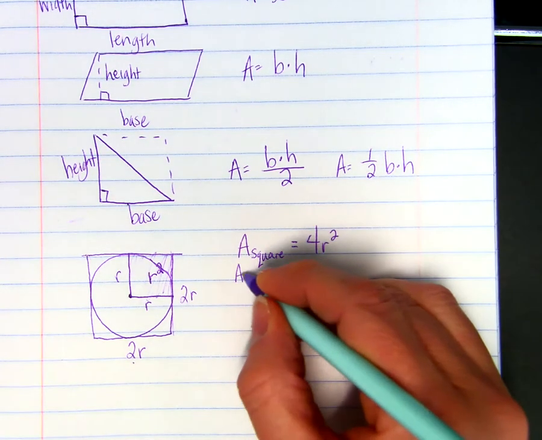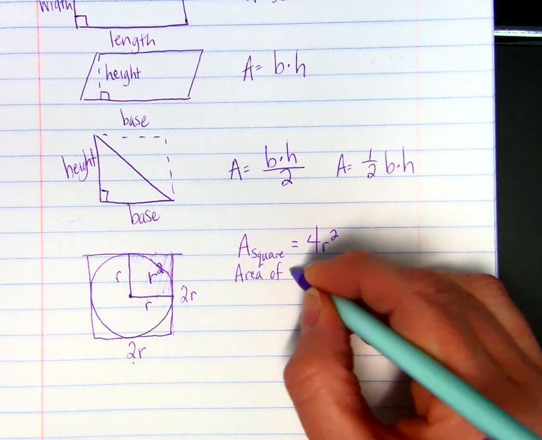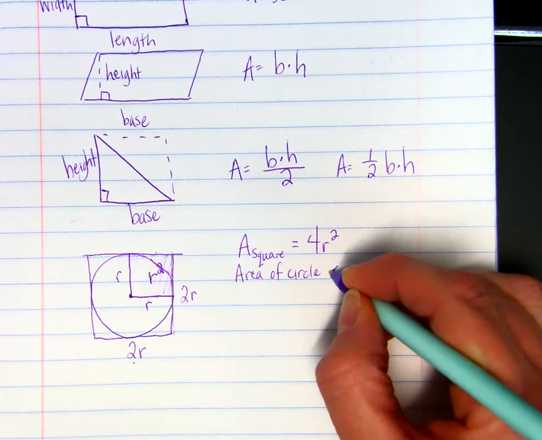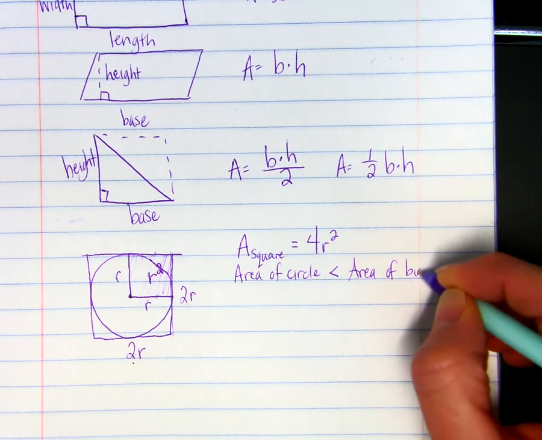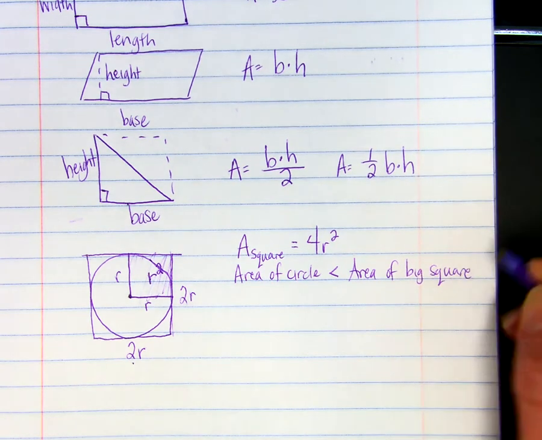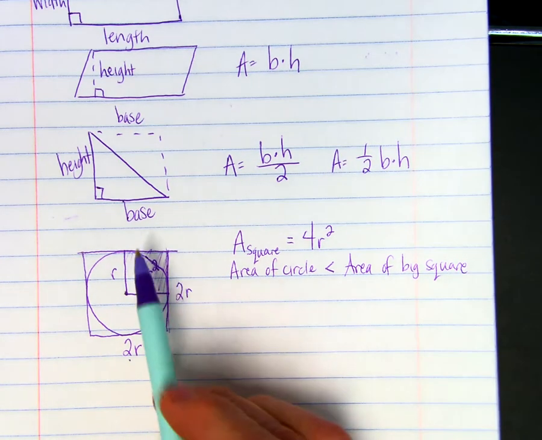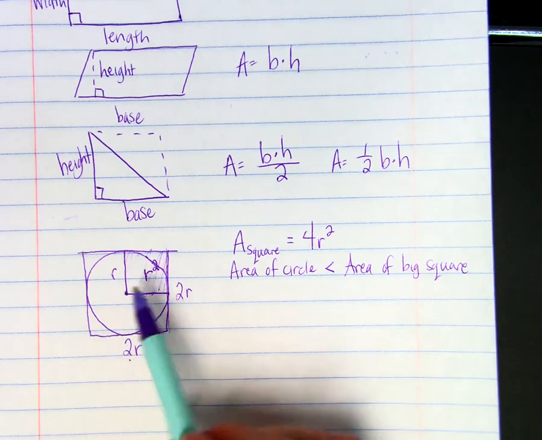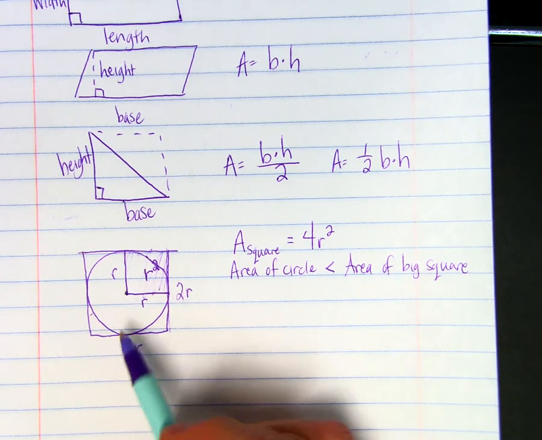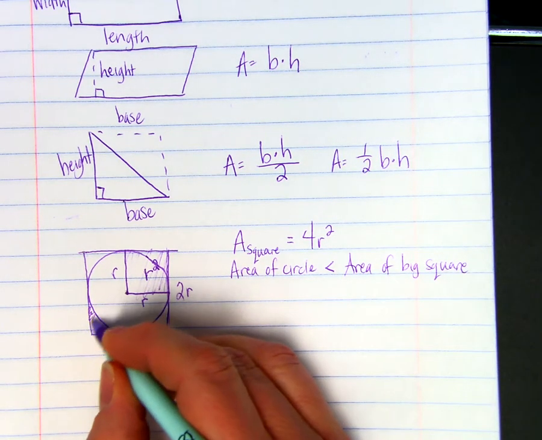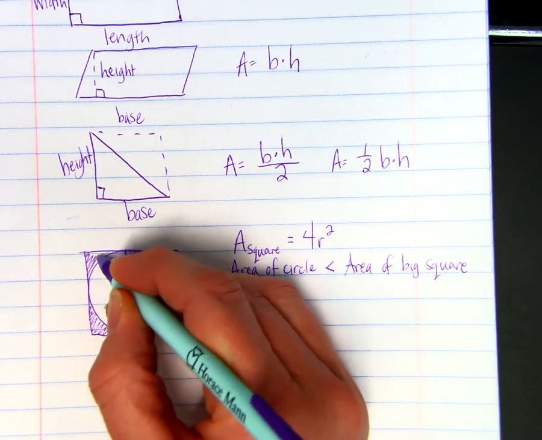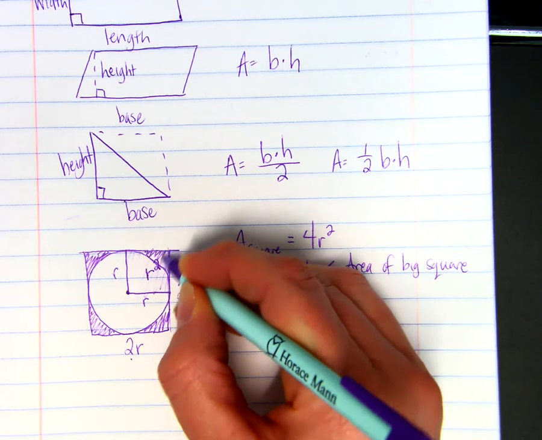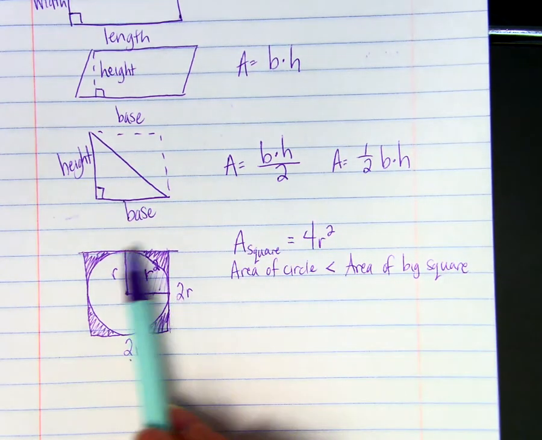Notice that the area of the circle is less than the area of the big square. Since the circle is inside, see how there are parts of that square cut off? So the area of the circle is smaller than the area of the big square.